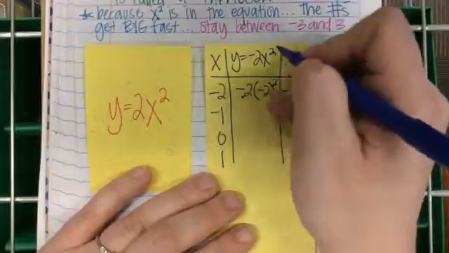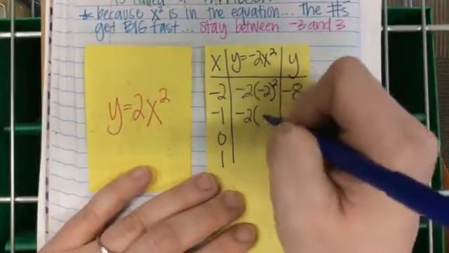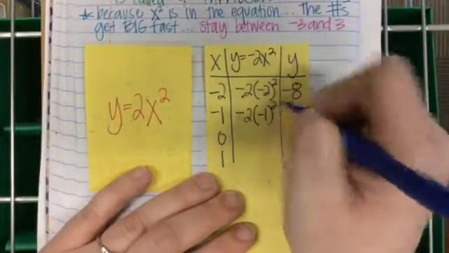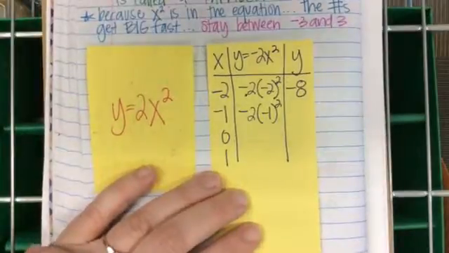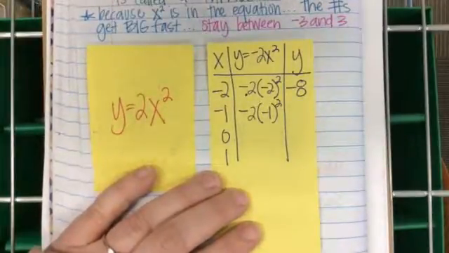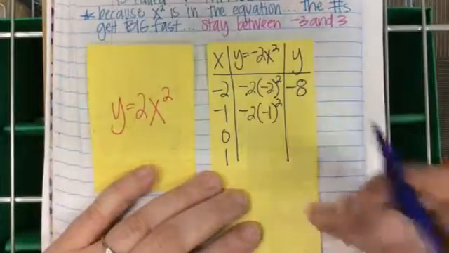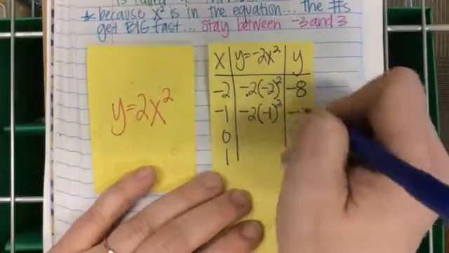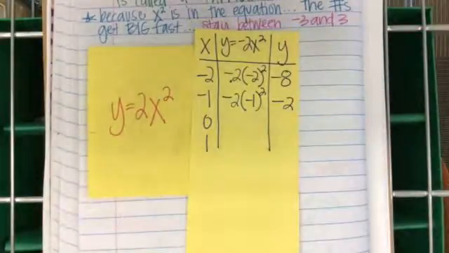Then -2x squared, so this time it's -2 times (-1) squared. -1 times -1 is 1, times -2 is -2.